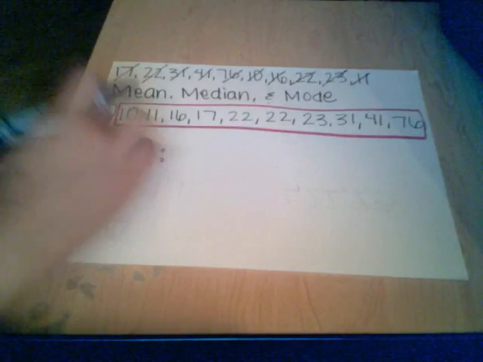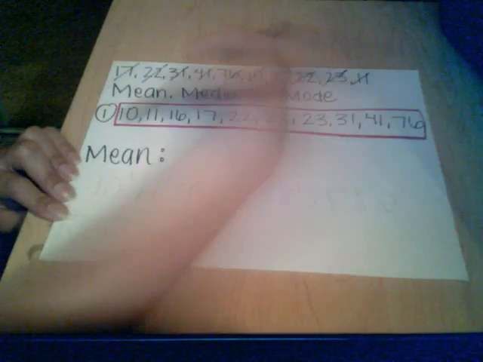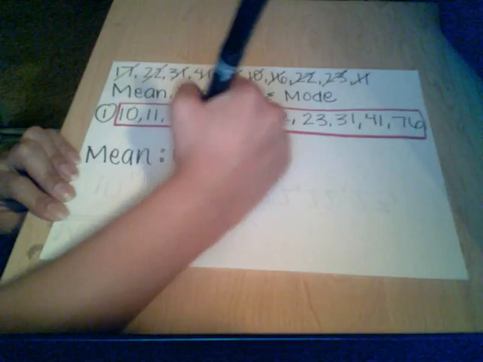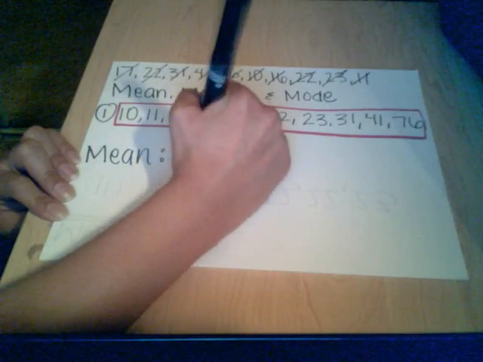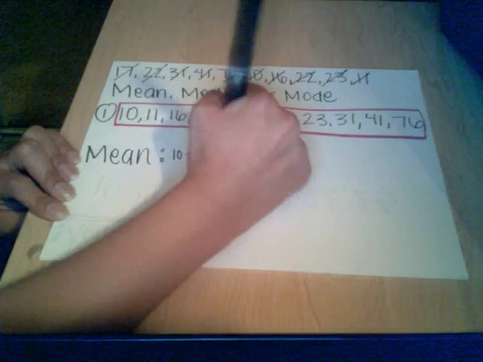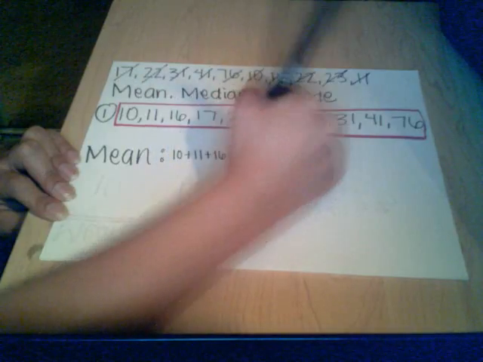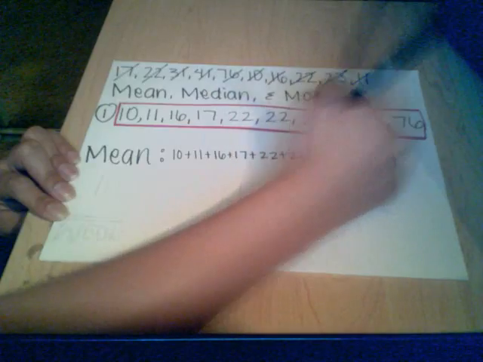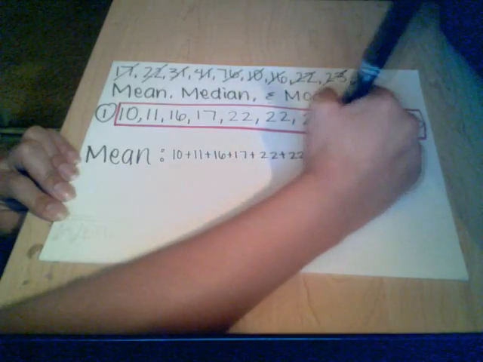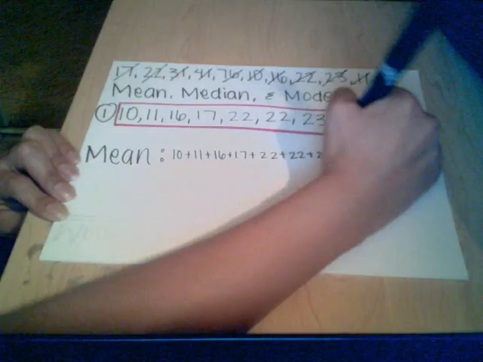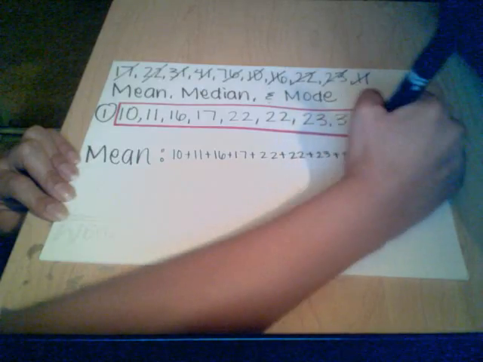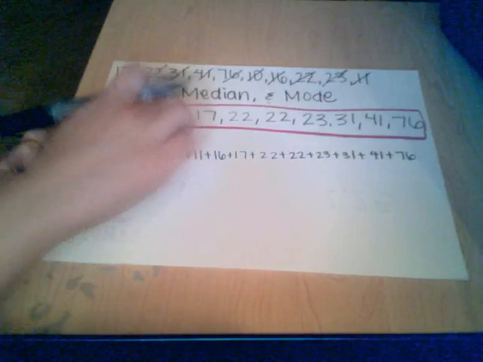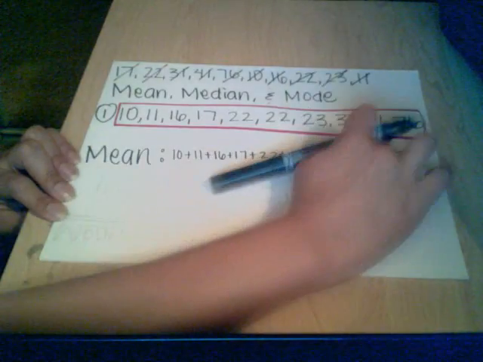We add all these numbers in our box, right? And then what do we divide it over? What goes in my denominator? Our denominator will be the total numbers that we have, which is actually 10. 1, 2, 3, 4, 5, 6, 7, 8, 9, and 10.